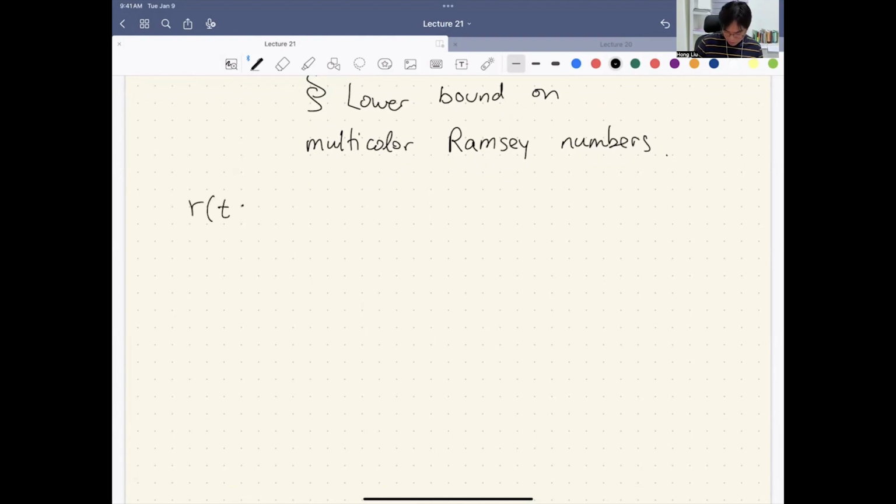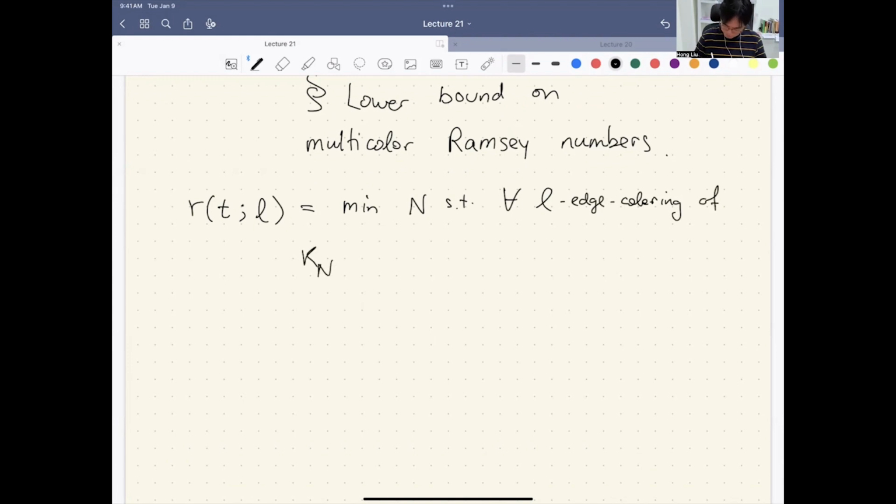R_t. Let's say you have L colors. R_t^L is the minimum n such that for any L-edge coloring of K_n, we will get a monochromatic K_t.